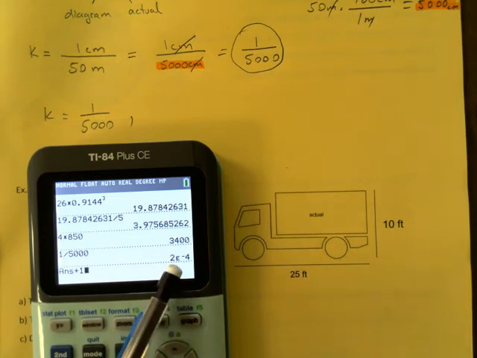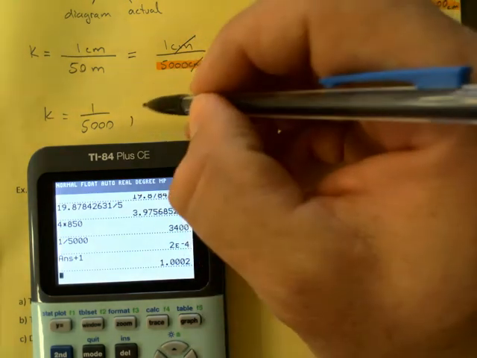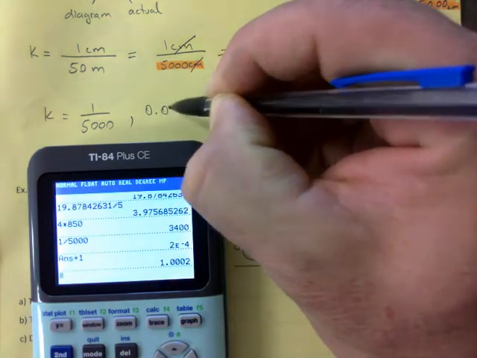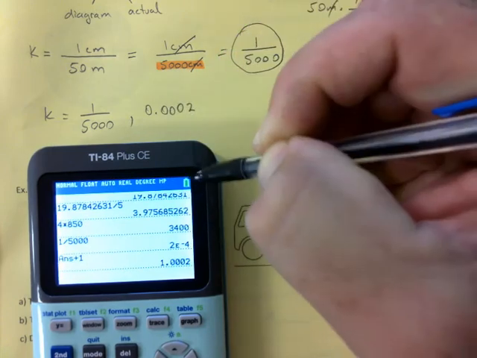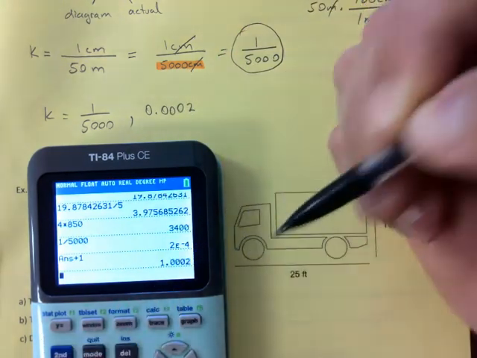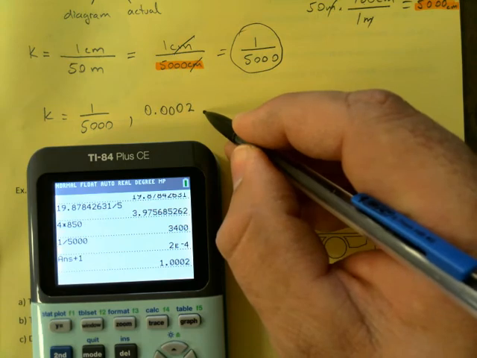I just add 1 to this answer. But you have to ignore the 1, all right? But that tells me that my answer is 0.0002. Got it? The plus 1 is just to get rid of that scientific notation. And I haven't figured out a way to make this calculator stop doing that. If you figure it out, please let me know.